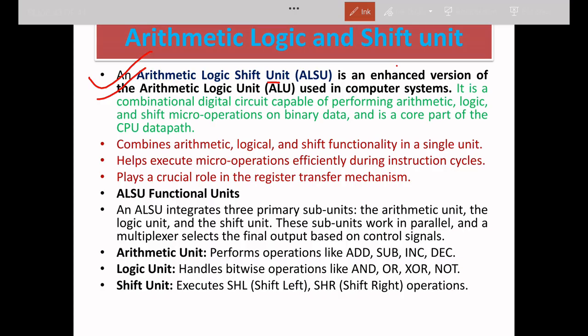It is a combinational digital circuit capable of performing arithmetic, logic and shift micro operations on binary data, and it is a core part of the CPU data path. First, it combines the arithmetic, logic and shift functionality in a single unit. Second, it helps to execute micro operations efficiently during the instruction cycle. And third, it plays a crucial role in the register transfer mechanism. So these are very important.